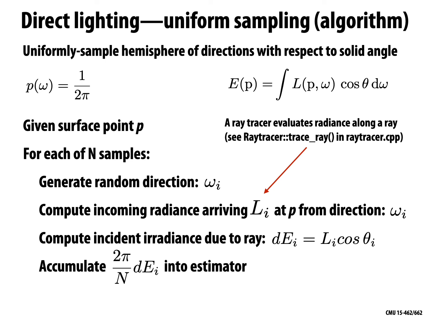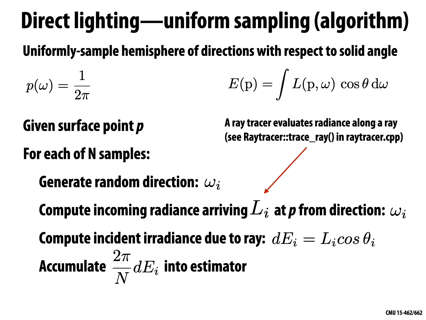Okay, so coming back to our task of estimating direct lighting, what do we do? Well, we uniformly sample the hemisphere of directions, as we just described. For each of those samples, we have our random direction, omega sub i.